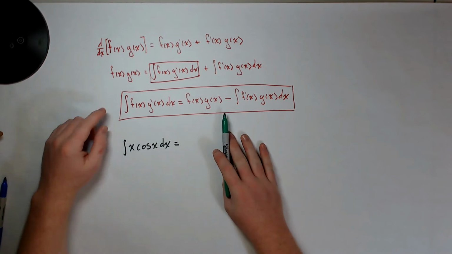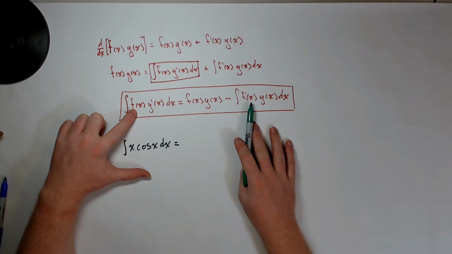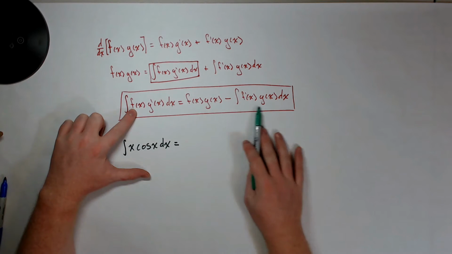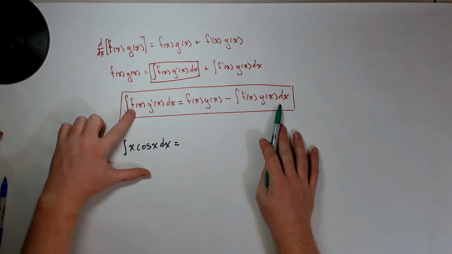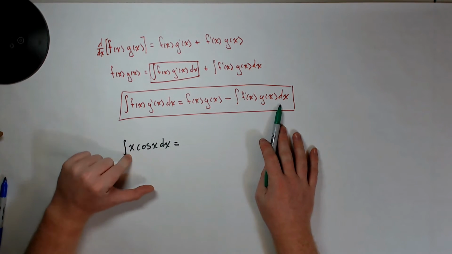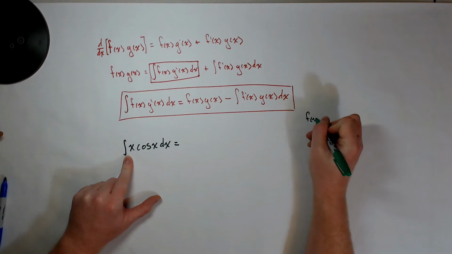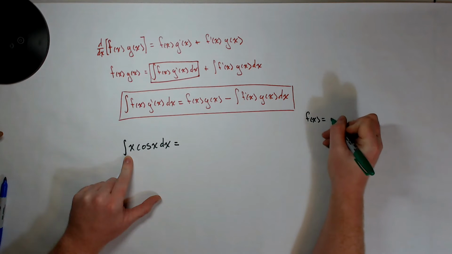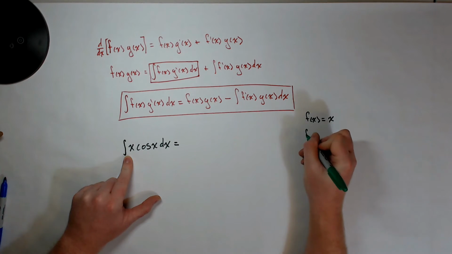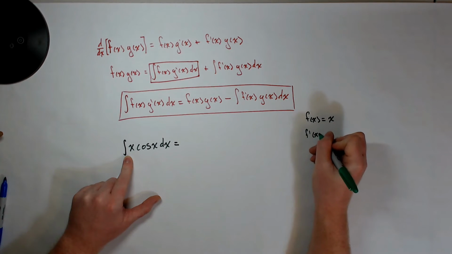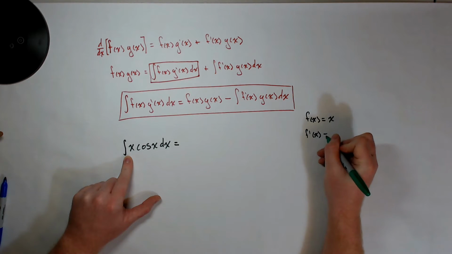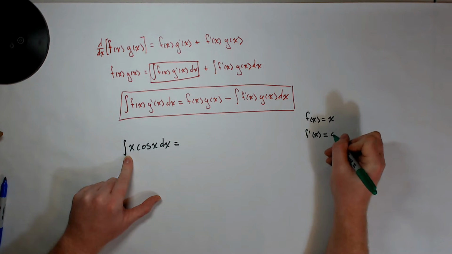We want to pick a function for f of x such that when we take its derivative, it gets simpler. So we could let x equal f of x on the left-hand side of the boxed formula. Then that would make f prime of x dx just 1 times dx.